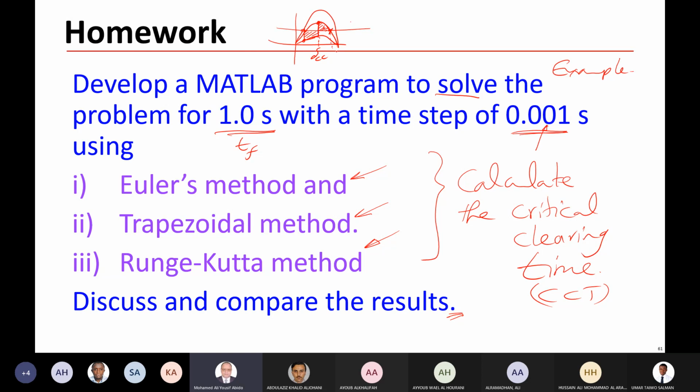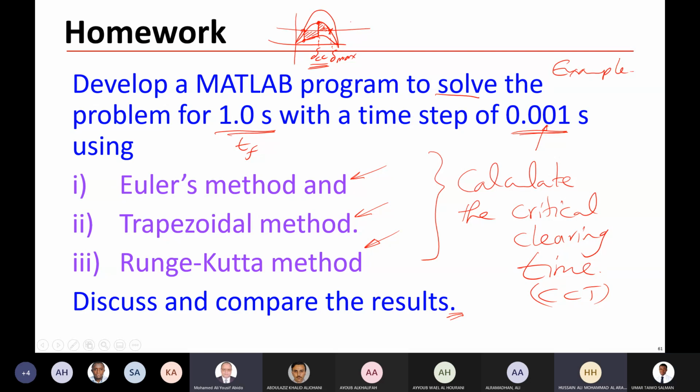Am I right, Salman? What you can calculate here is delta CC. Now we need a critical clearing time. How to calculate the critical clearing time here?